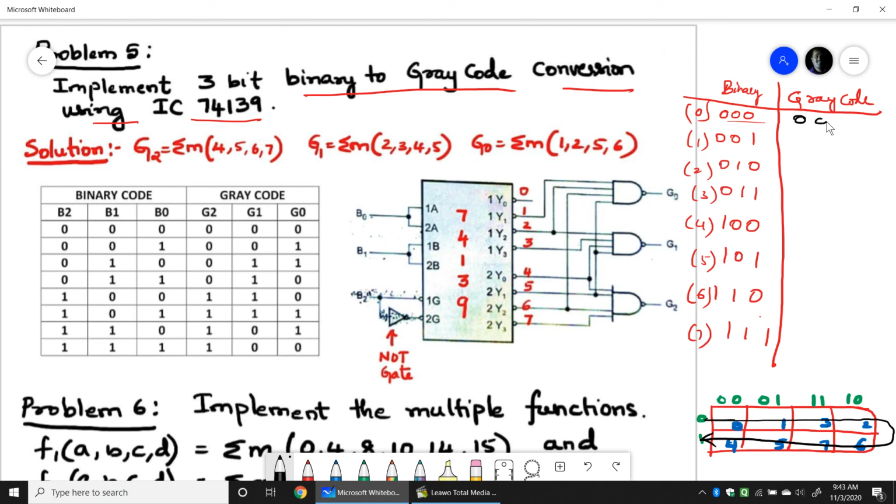So 0 1 3 2 6 7 5 4. This is the fastest way of writing the gray code for the relevant binary code.